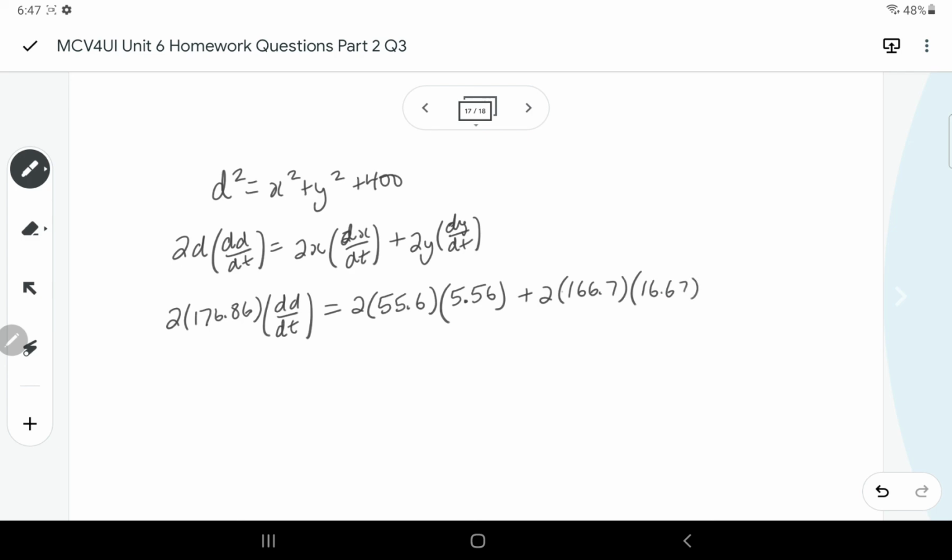So multiplying all of these out, I get 353.72 dd dt equals, and multiply the other side, that's about 6,176.